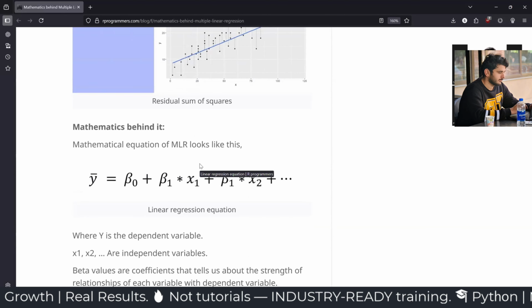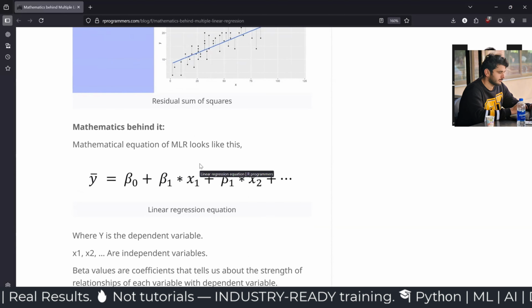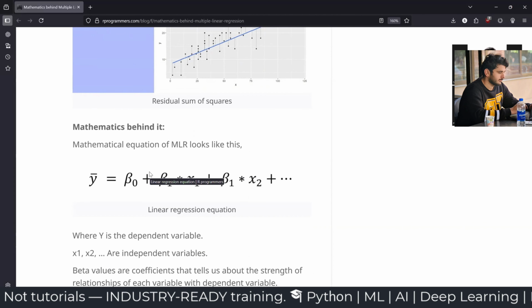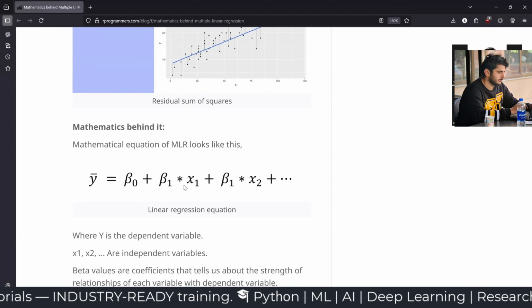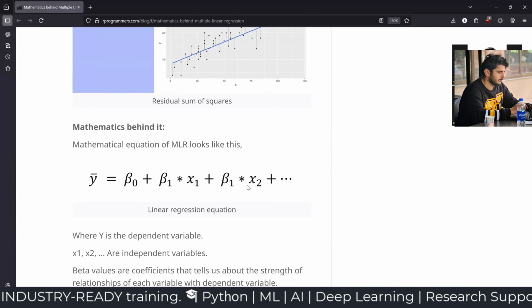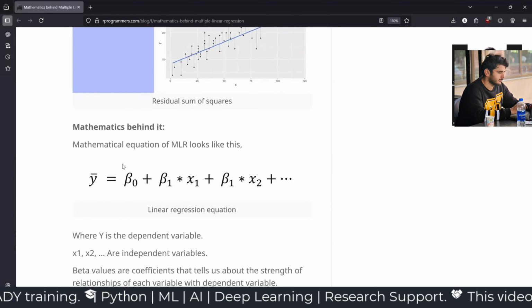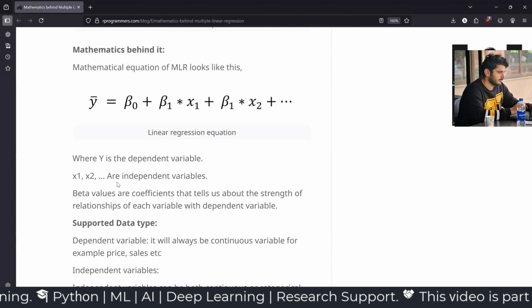Now, the first thing that we need to understand is what beta naught is. Beta naught is basically a baseline. If we don't invest any budget, and we don't have game quality score or anything like that, what sales are we going to generate based on our data?